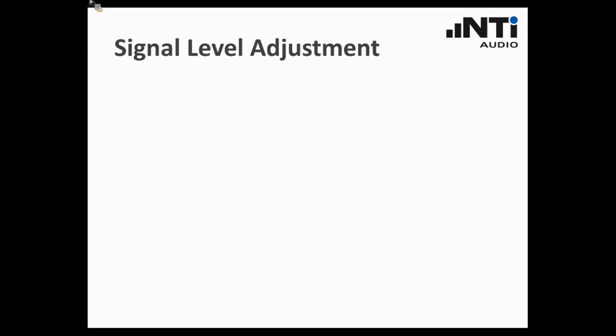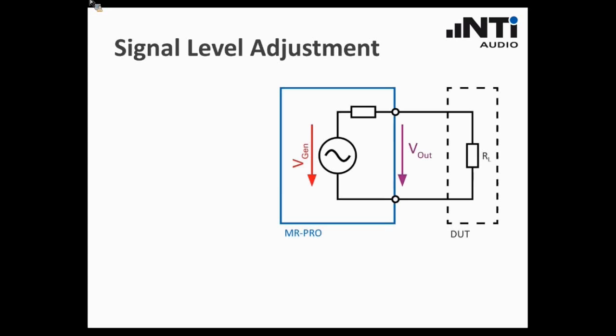A signal generator is expected to generate the signal level that you have adjusted. Now, can you always rely on that? Let us take a look at the background of this procedure. For that purpose, I have drawn here a schematic sketch of the signal generator MR-PRO with a connected device under test.